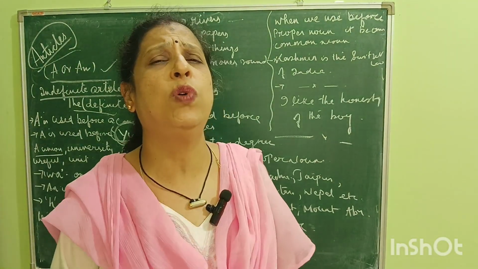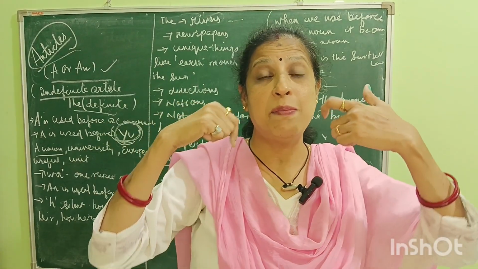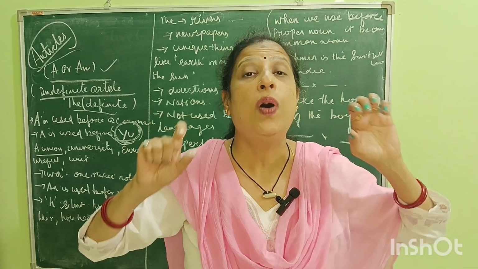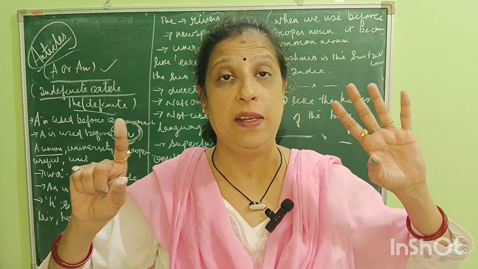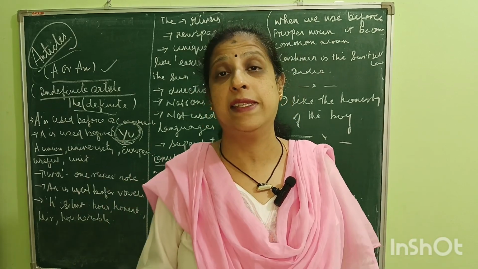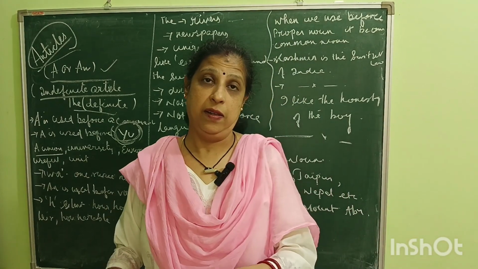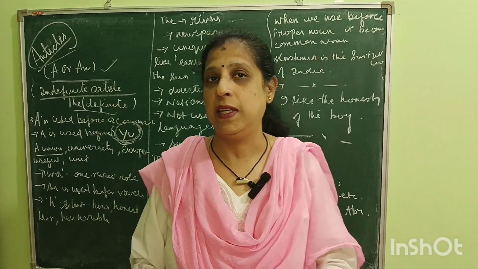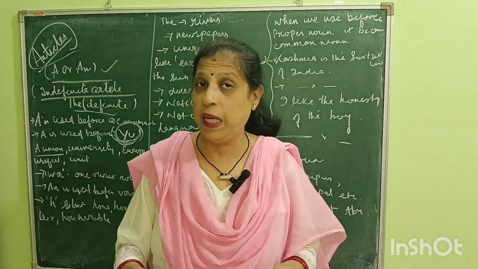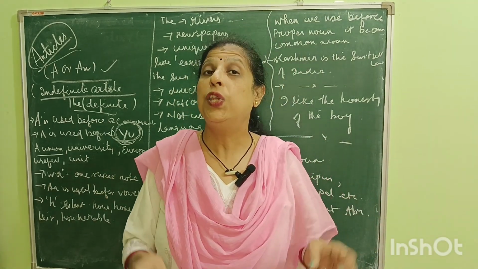Now, in this case, children, observe when I say union. My tongue is not touching the upper palate, and the sound is yoo, union. So here I am going to use a union, a university, a uniform, a European, a unit, a useful.